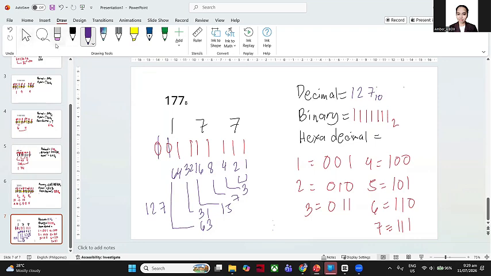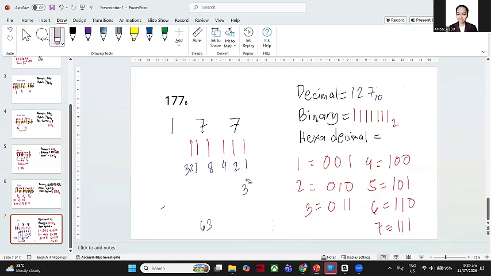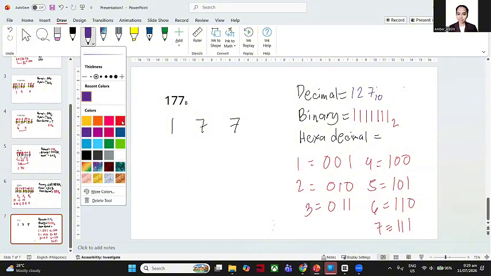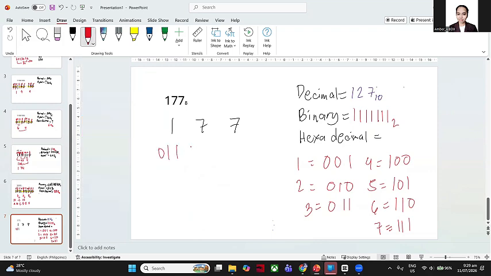Let's erase this and rewrite the number again, in red: 0, 1, 1, 0, 0, 1, 0, 1, 1, 1, 1, 1, 1, 1.